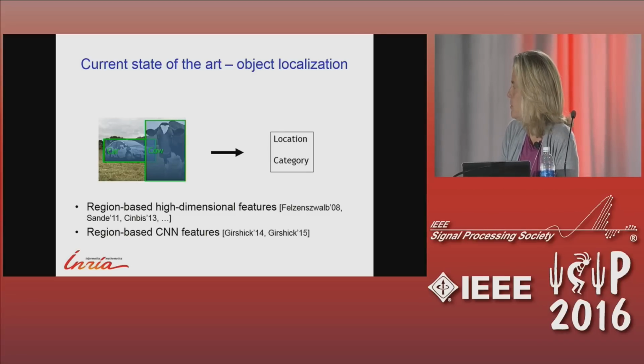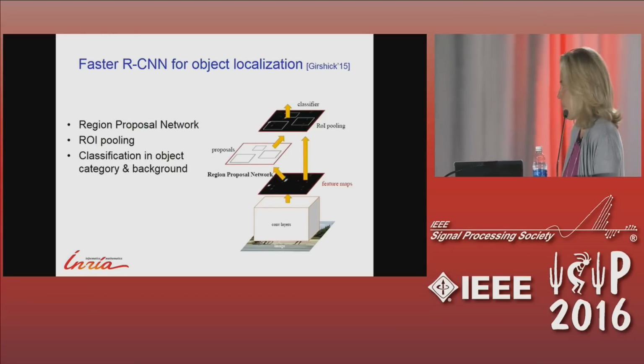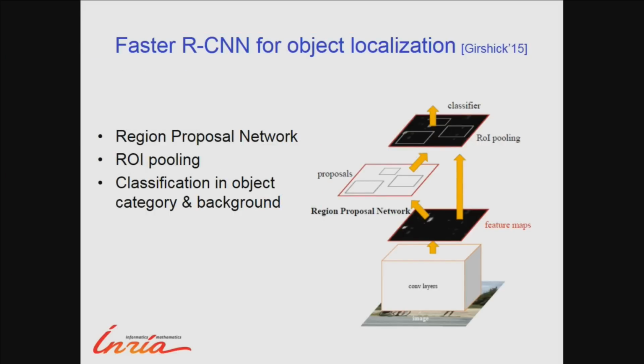Okay, and if you look at one of the approaches which is based on CNN features, what is the idea here? Here, you want to learn the proposals, so the set of regions which are likely to contain the object, simultaneously to classifying these proposals into one class. So either the object is present or it's not present.